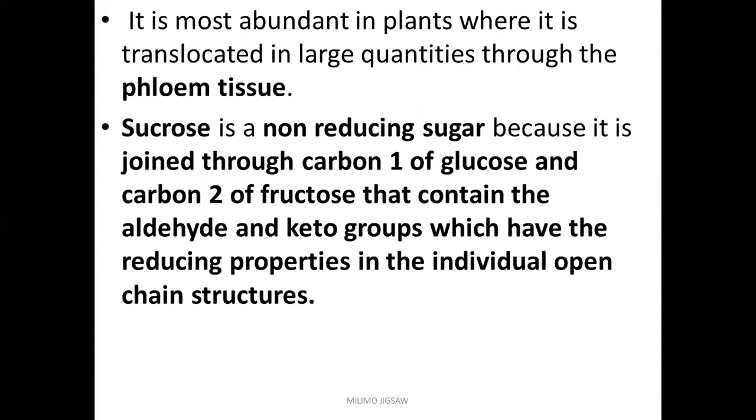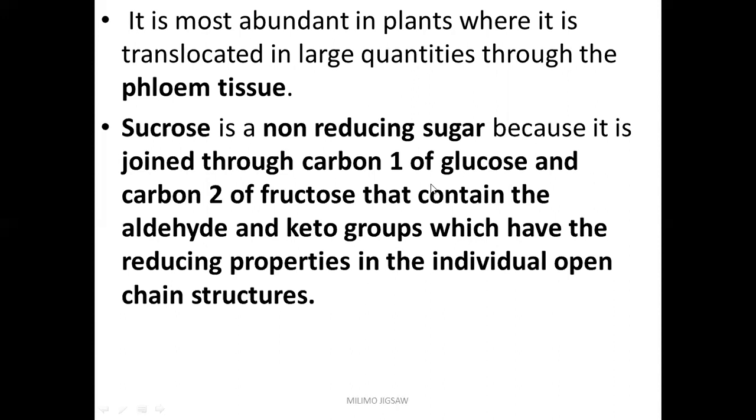So sucrose is a non-reducing sugar, because it is joined through carbon 1 of glucose and carbon 2 of fructose, which contain the aldehyde and ketone groups that have the reducing properties in the individual open chain structures.